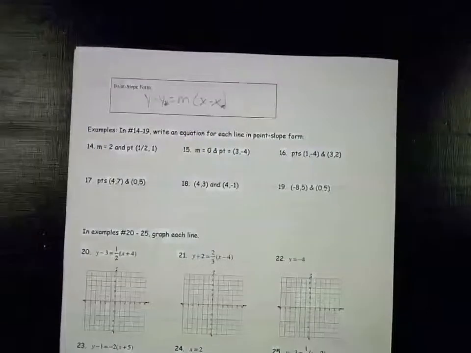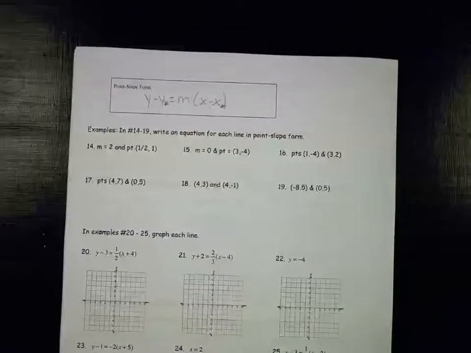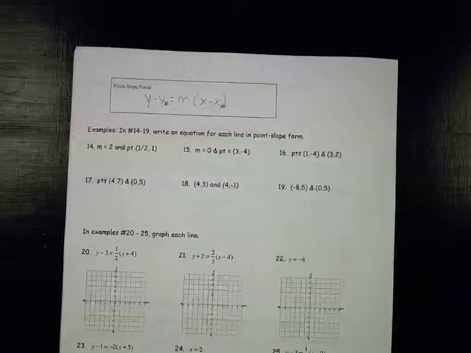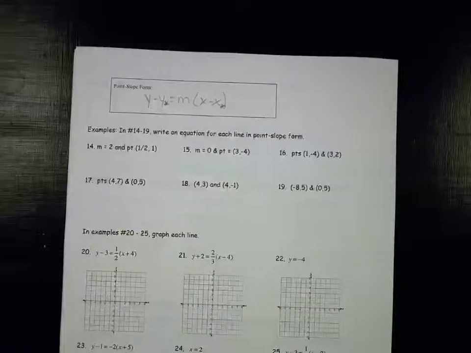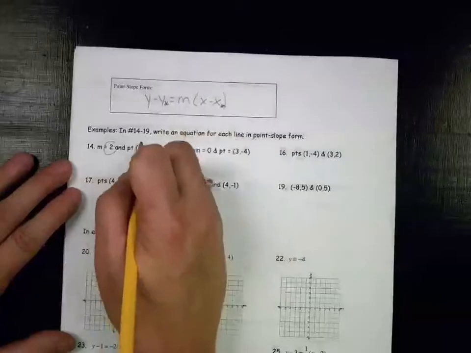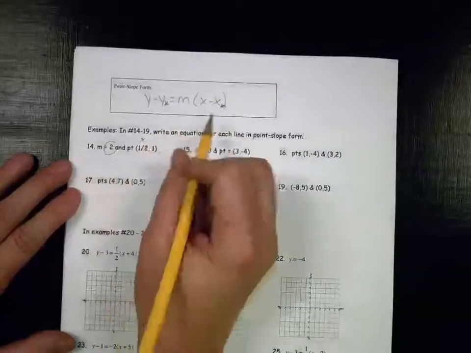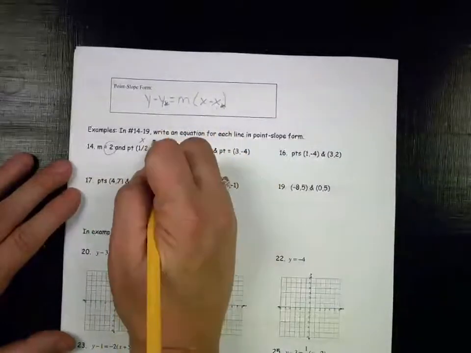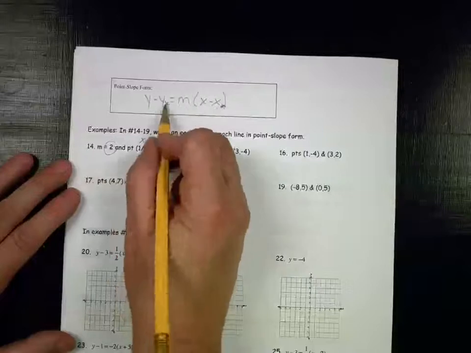Y minus y star equals m times x minus x star, and that star reminds me of where I put the numbers. And the great thing about this form is all you need to do is put the numbers in here. M is going to go in for m, x is going to go in for x, and y is going to go in for y.